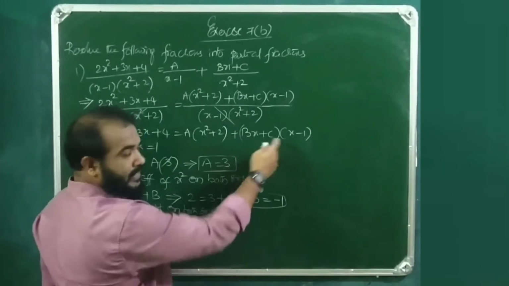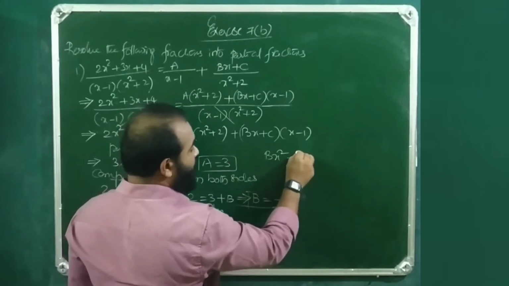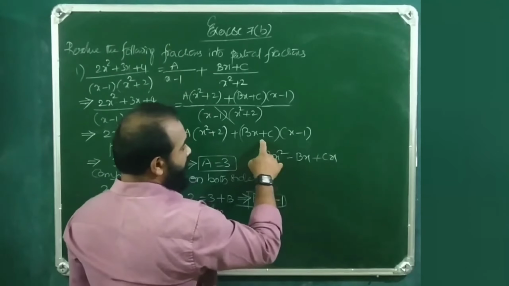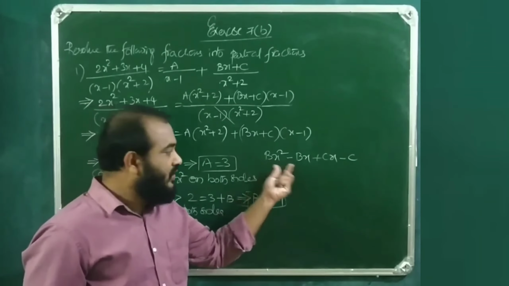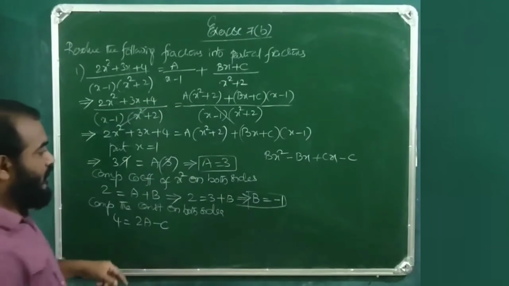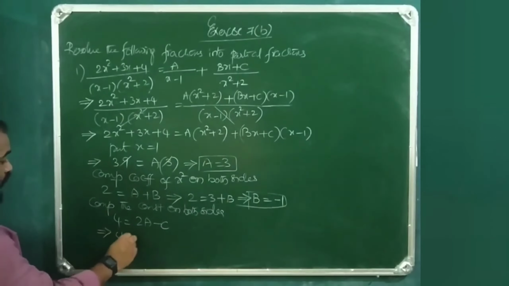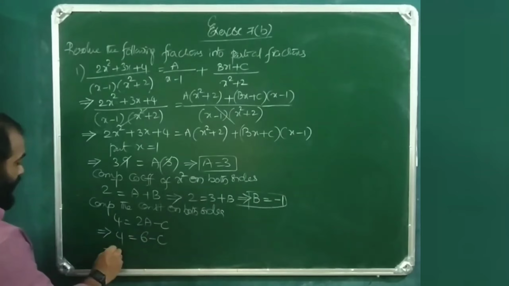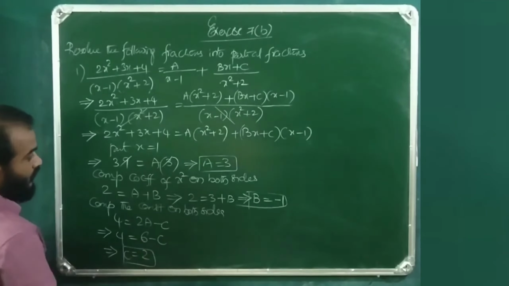Because if you multiply this, bx into x, bx square, bx into minus 1 is minus bx, plus c into x, cx, plus c into minus 1, minus c. So here, this is the x square coefficient, this is an x coefficient, this is an x coefficient, and the constant is minus c here. So this is equal to 4 equals 2 into A, 2 3s are 6 minus c. So, c is equal to 6 minus 4, which is 2.